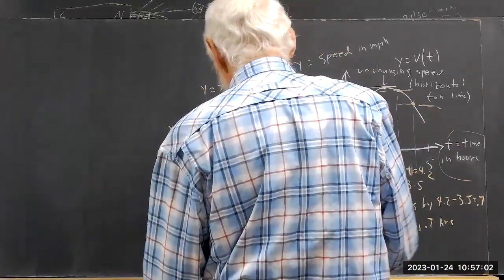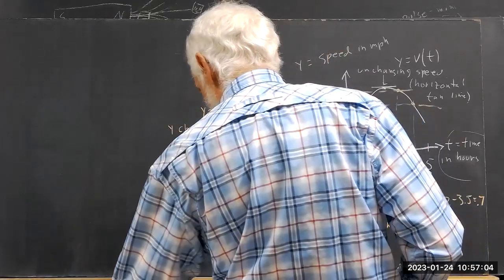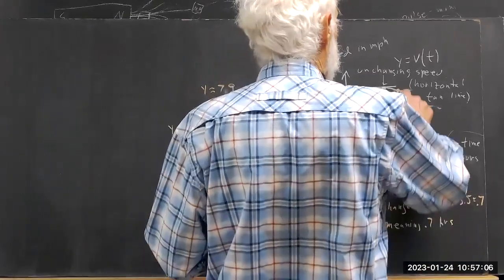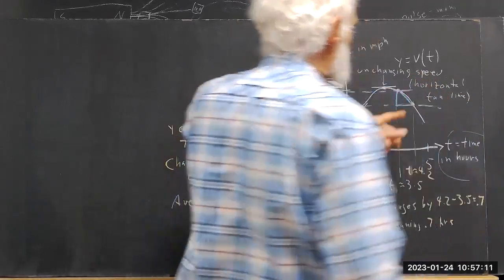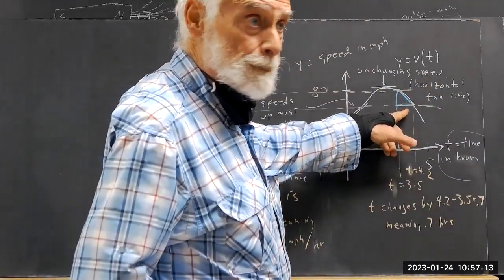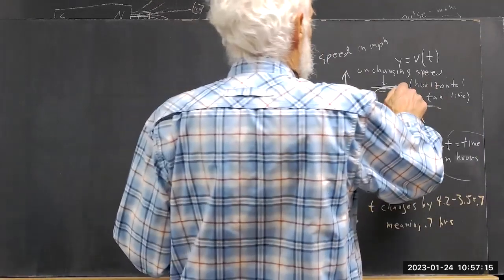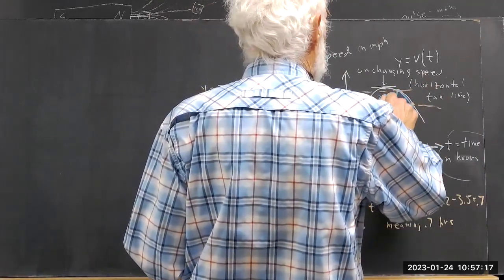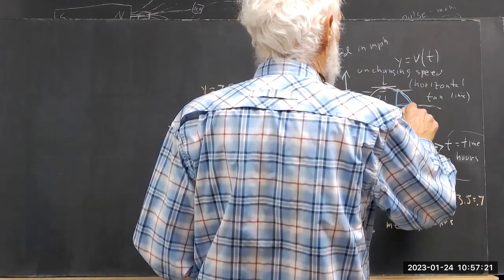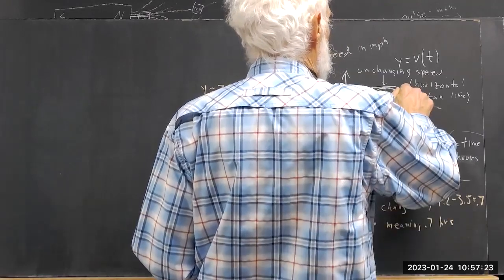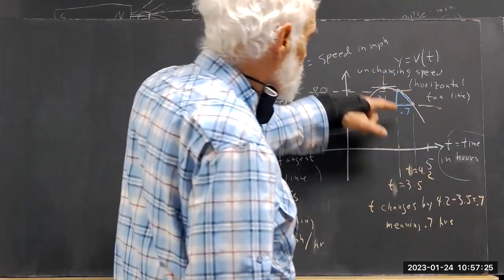There's a picture that goes with this that I'll draw quickly because it's really important. This triangle here. This side is going to be -21 miles per hour. This side is going to be 0.7 hours. And the slope of this thing is rise divided by run.